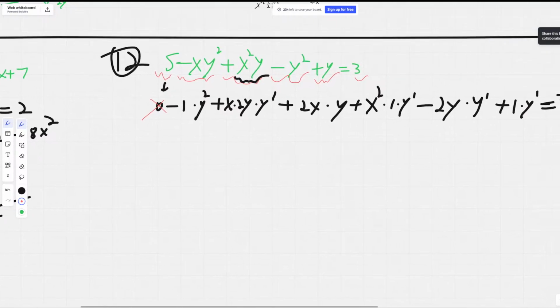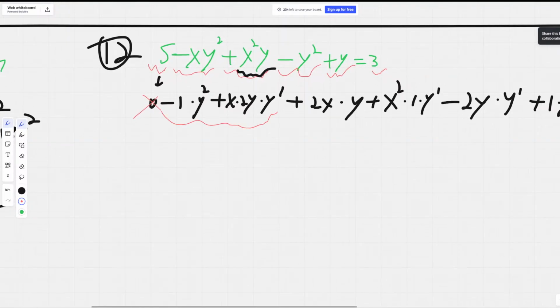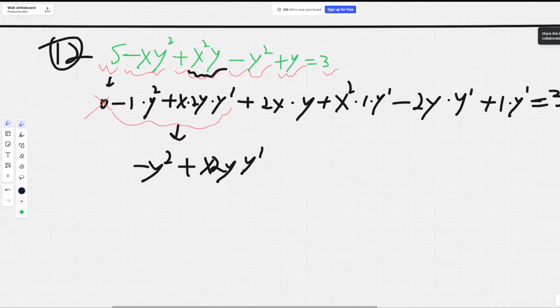0, and move that out. Start by putting these together. That'll come down to equal negative y squared plus x 2y y prime.